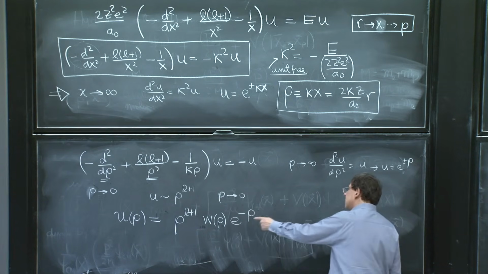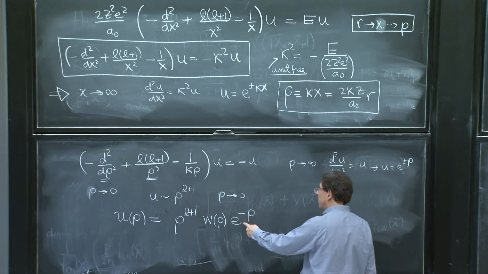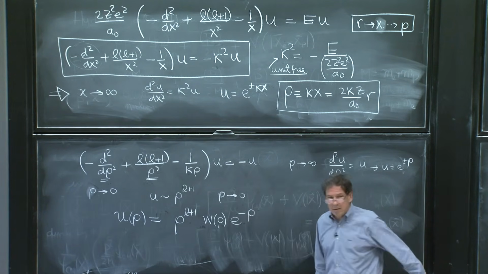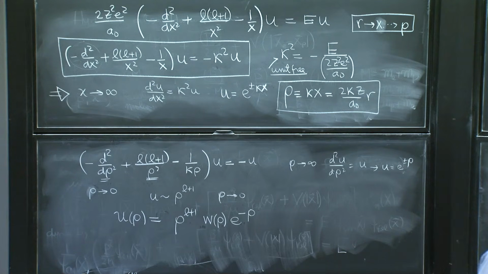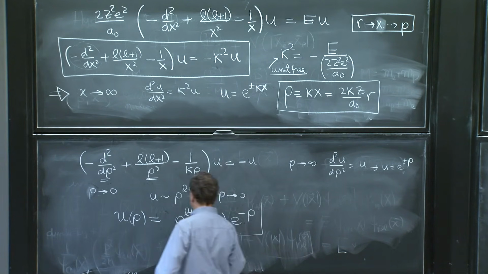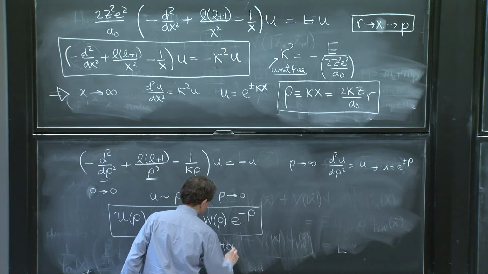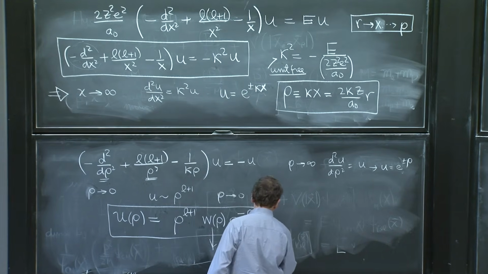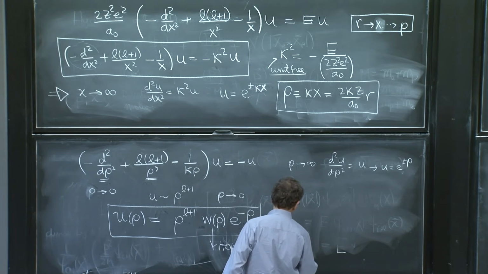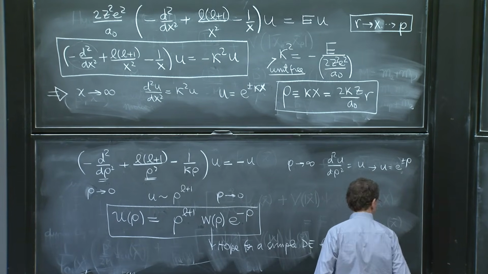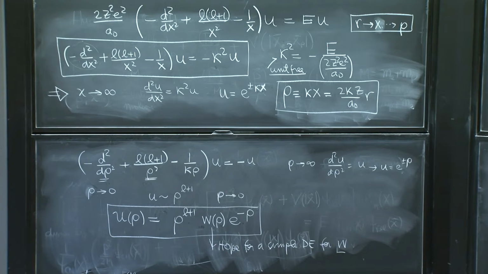Because we know this is present in the solution for large rho. This is present for small rho. Well, in between, we might have that. And when you write an ansatz of this form, you hope for a simple differential equation for w. So what do we get?